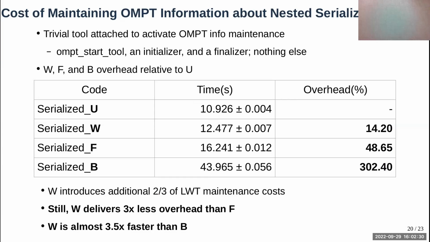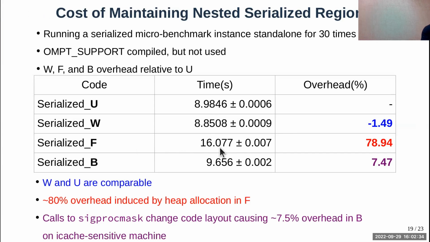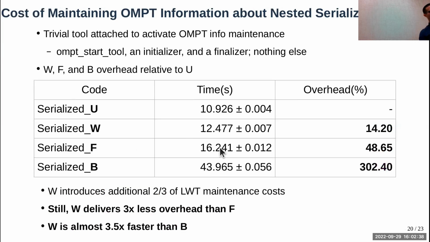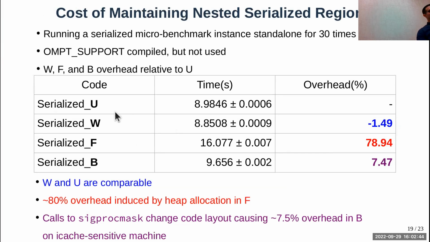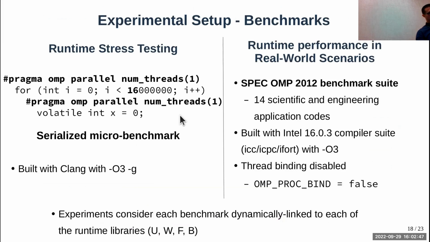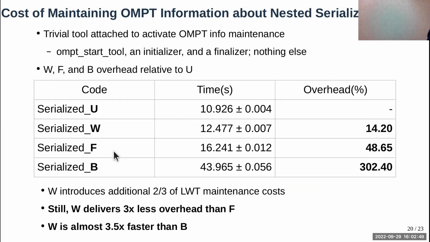They introduce 20% on top of that. And basically, the F version does not have lightweight task support, which means that when you attach a tool, you don't need to do anything additional. So basically, if you increase the overhead of U and don't increase the overhead of F, then the relative overhead will drop down.